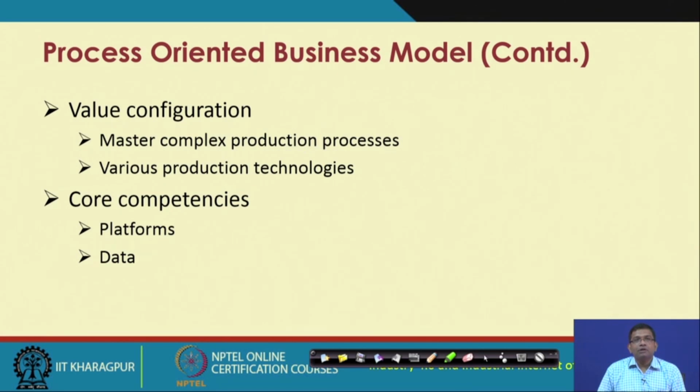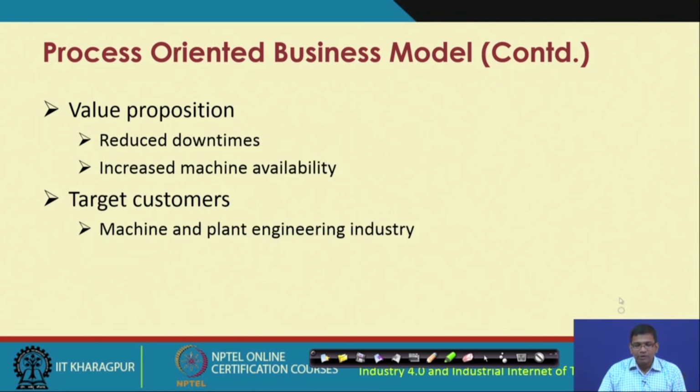This is very important in the process oriented business model. In terms of the core competencies, the platforms are very important, the data that is generated is very important. So, these will have to be dealt with very carefully in the process oriented business model. The value proposition is that this kind of business model leads to reduced downtime and increased machinery availability.